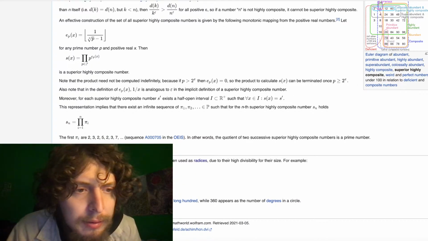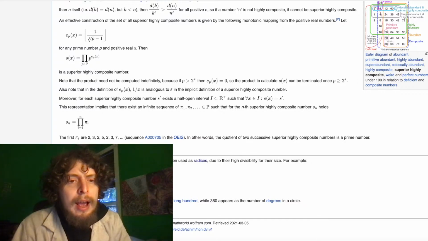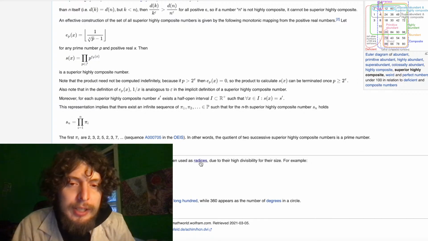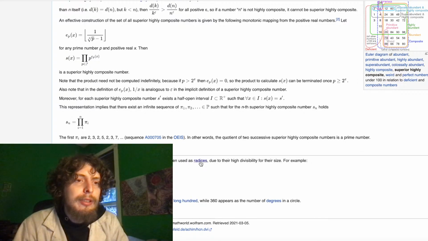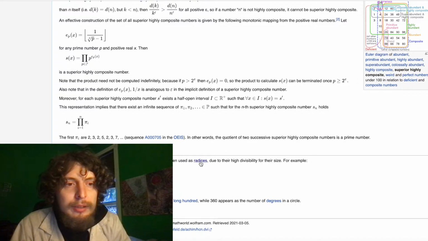Yeah, here's one. They say the first few superior highly composite numbers have also been often used as radices, which is the plural for the base that you're using. So these are common highly composite recommendations.